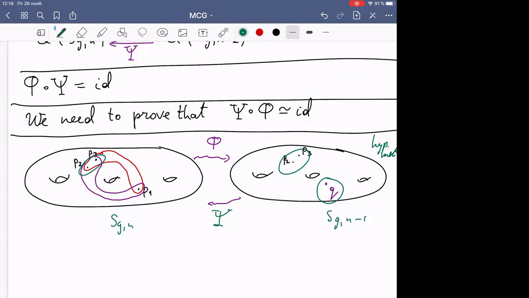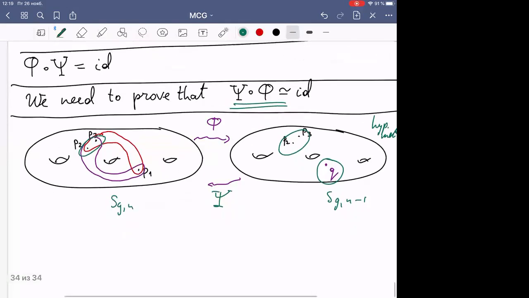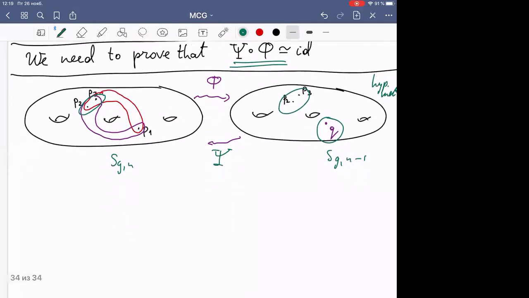And this rule is by no means canonical. It depends on the choice of Q. But once we have chosen Q, there is such a rule. But of course, different simple closed curves go to the same under this mapping. So it is not the identity, but the claim is that it is homotopic to the identity.